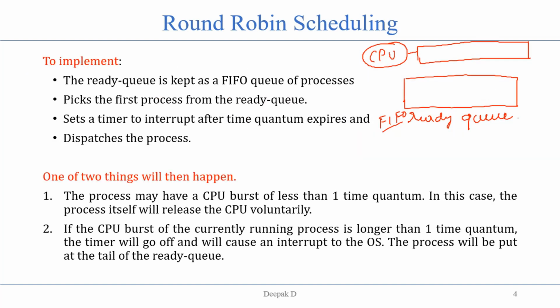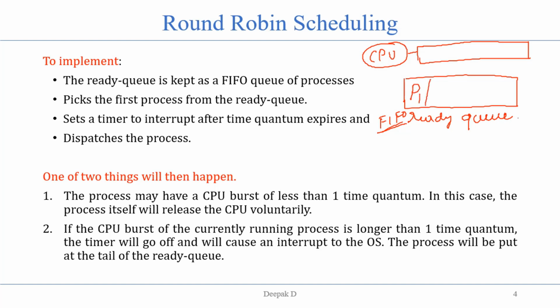So how do we actually implement round robin scheduling and the FIFO queue of processes? Here you know that the ready queue is a first in first out queue, where assume there are some processes waiting for execution. Assume P1 has arrived.